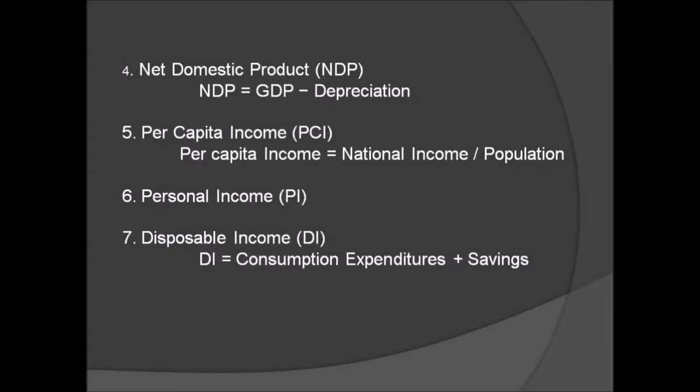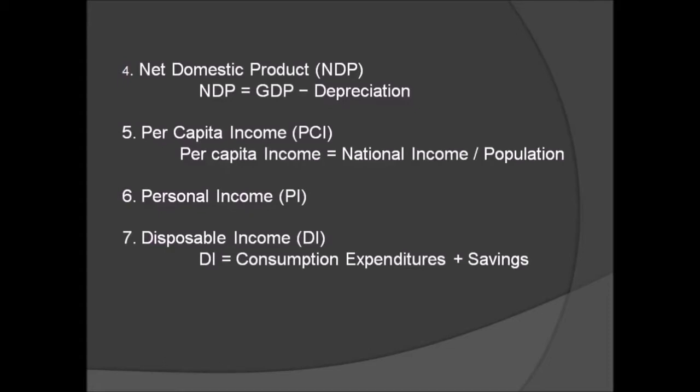Fifth one is per capita income. Per capita income or output per person is an indicator to show the living standard of people in a country. So based on this per capita income, we can easily identify the living standard of people in a particular country.